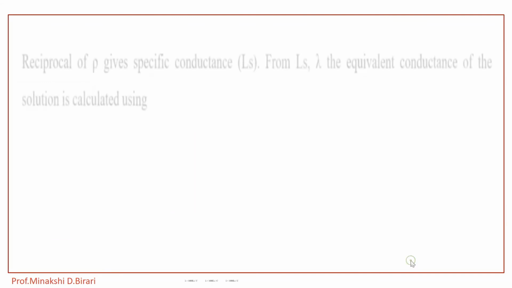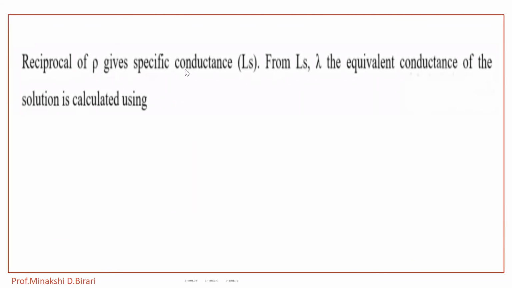The reciprocal of rho gives the specific conductance, that is represented by Ls. From Ls, that is from specific conductance, lambda, the equivalent conductance of the solution, is calculated by using this equation: lambda is equal to 1000 Ls divided by C, where Ls is specific conductance and C is concentration.